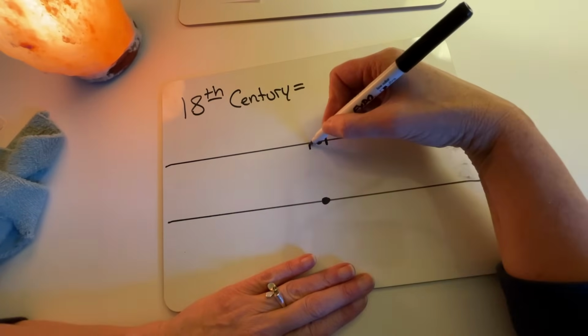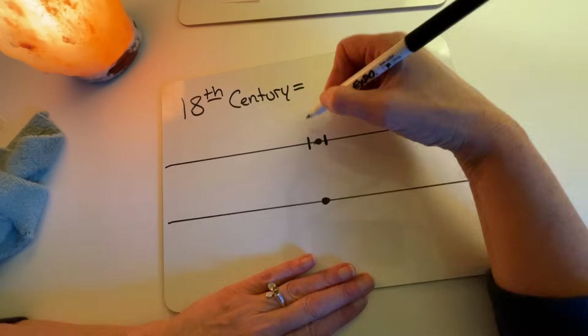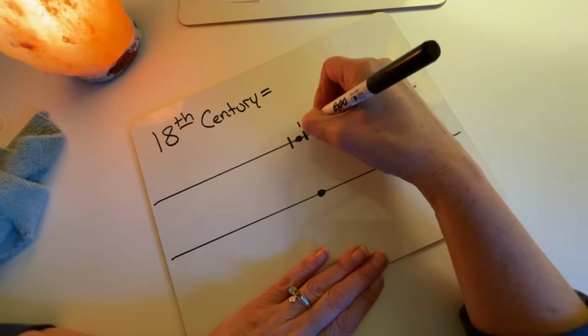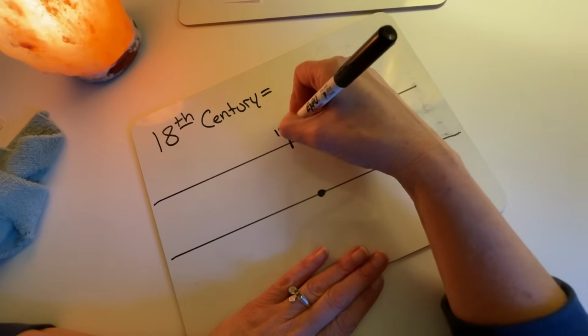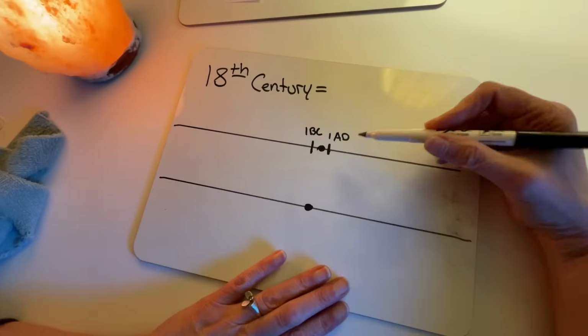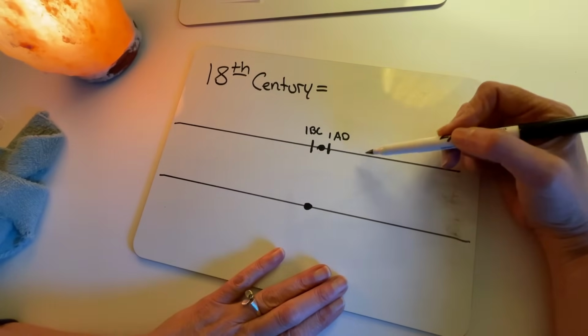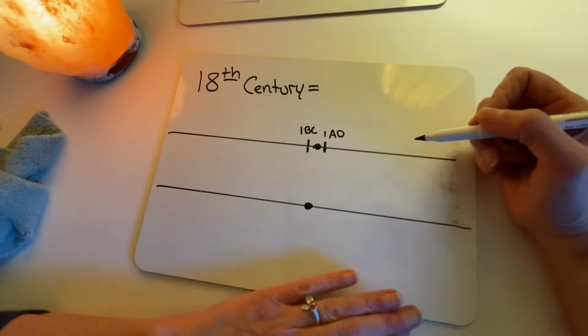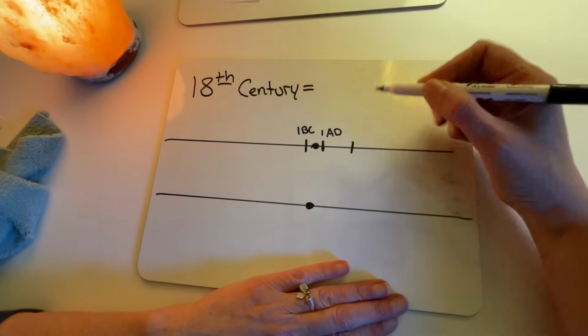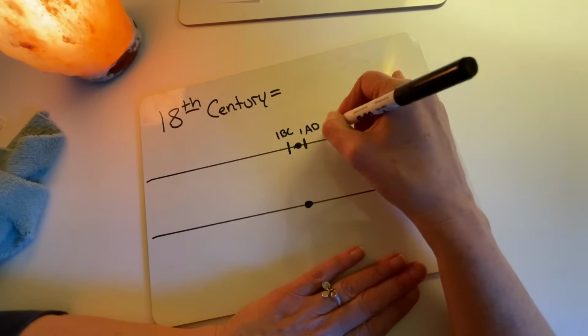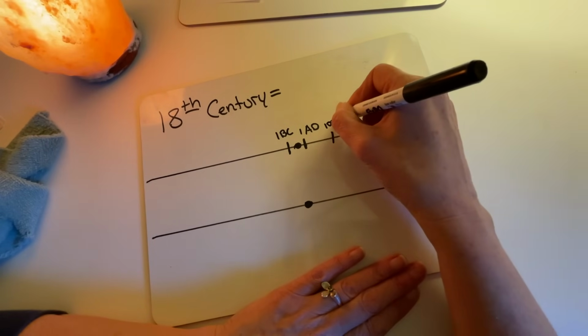And the first year this way is year 1 BC. So 1 AD, and this is 1 BC. Now you go up to year, let's put it here, okay? This is year 100 BC.